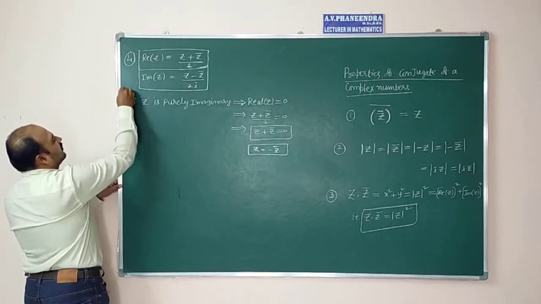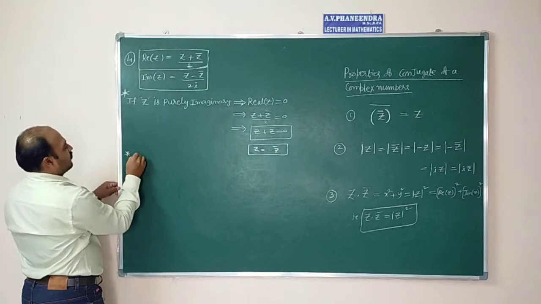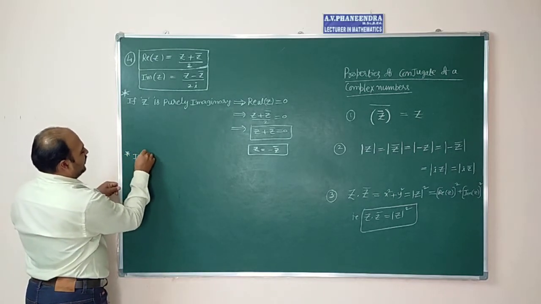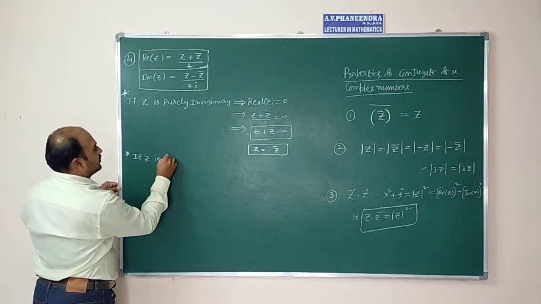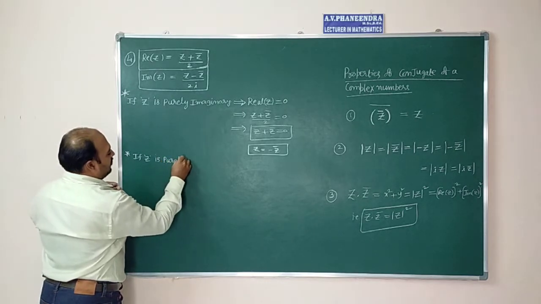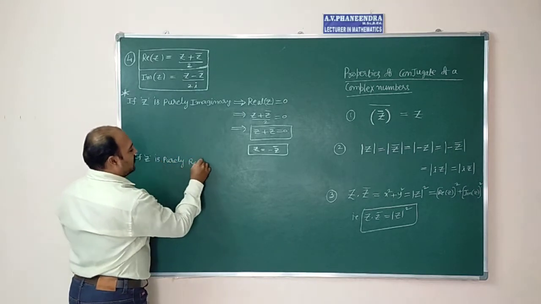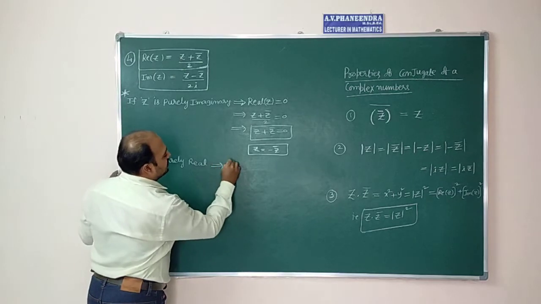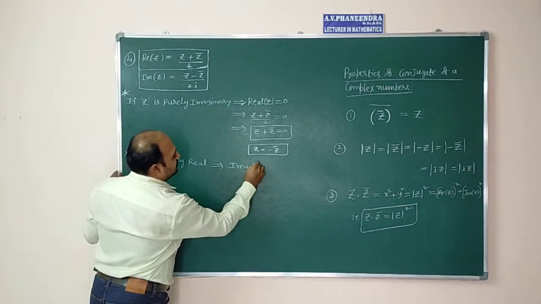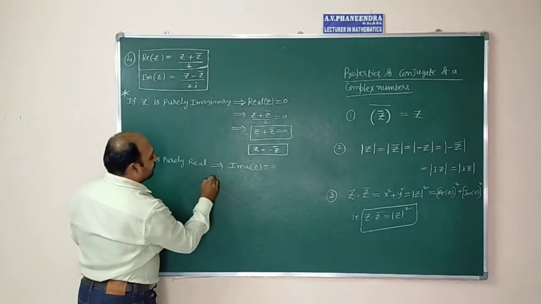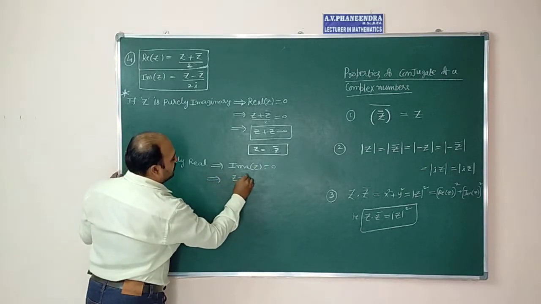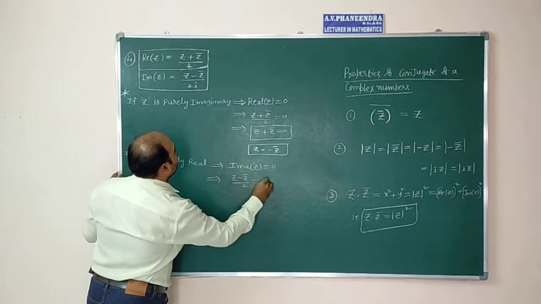Same thing, if z is purely real, that implies the imaginary part of z is equal to 0. That implies z minus z bar by 2i is equal to 0.